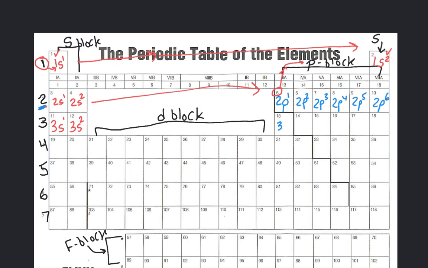Why is it a 3? Because above us was row 2, but now we're in row 3. We're one element in the P block. So it's a 3p1, it's a 3p2, 3p3, 3p4, 3p5, and a 3p6.